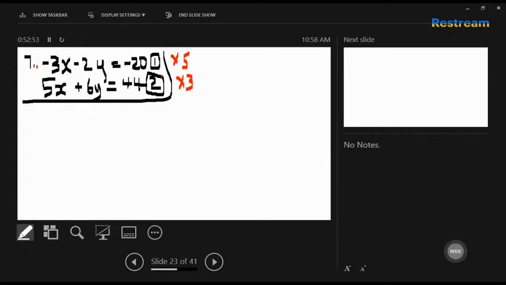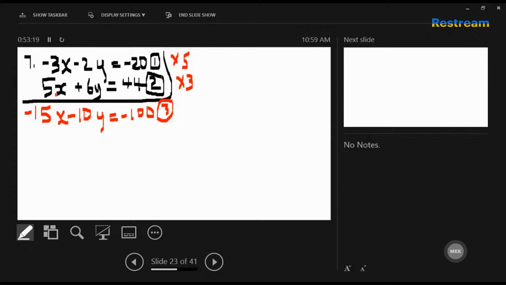So for me, it makes no difference really at this point. So if I'm multiplying all the terms in equation 1 by 5, I'm going to end up with -15x minus 10y is equal to -100. And that's my new equation, equation 3.